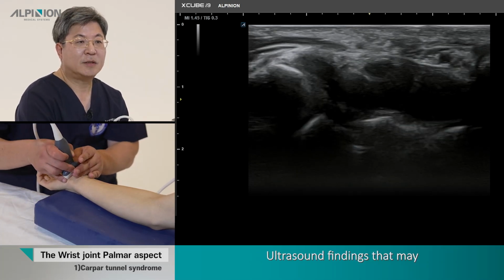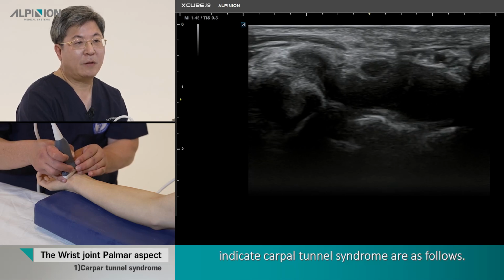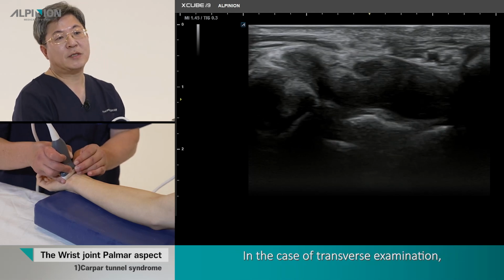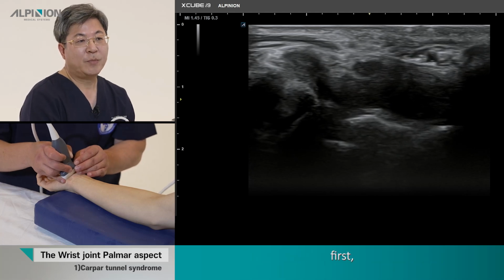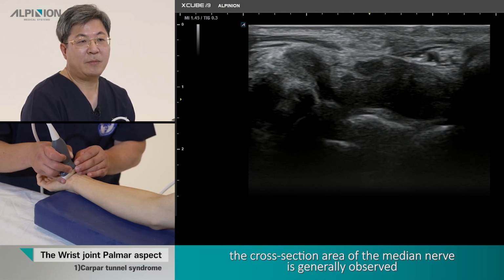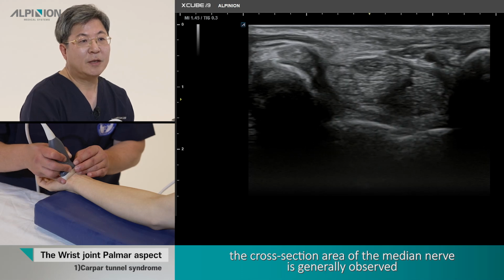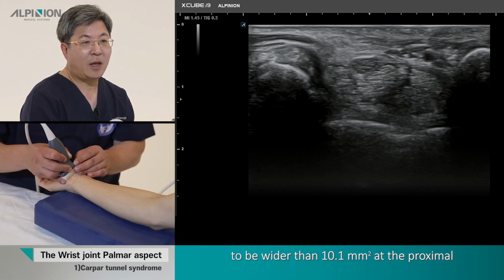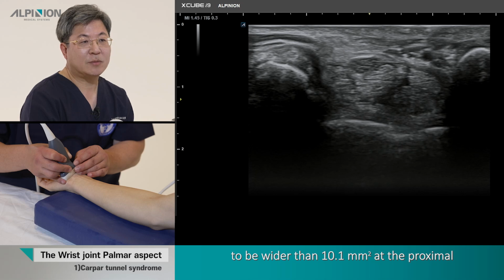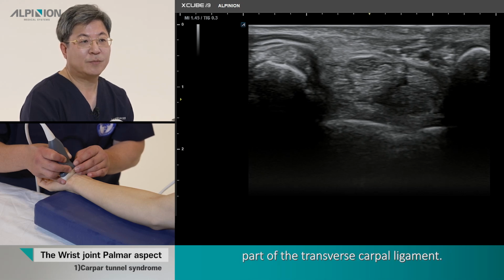Ultrasound findings that indicate carpal tunnel syndrome are as follows. In the case of a transverse examination, first, the cross-sectional area of the median nerve is generally observed to be wider than 10.1 square millimeters at the proximal part of the transverse carpal ligament.